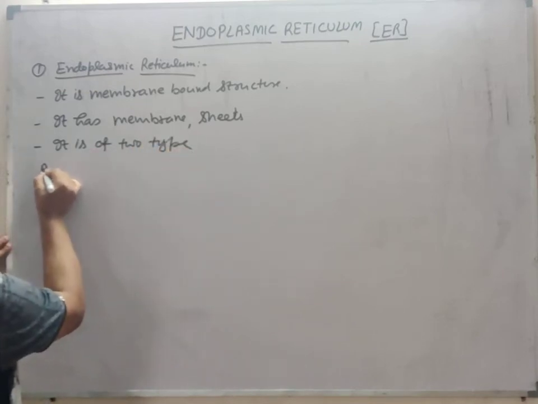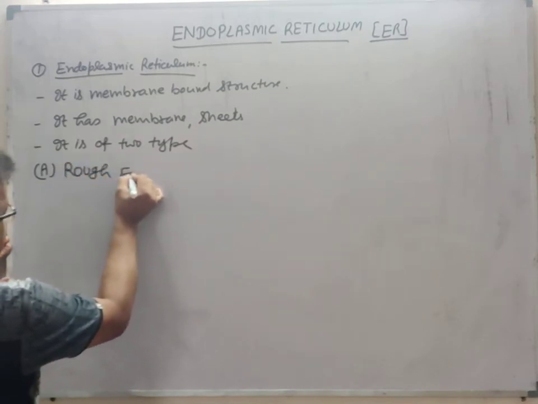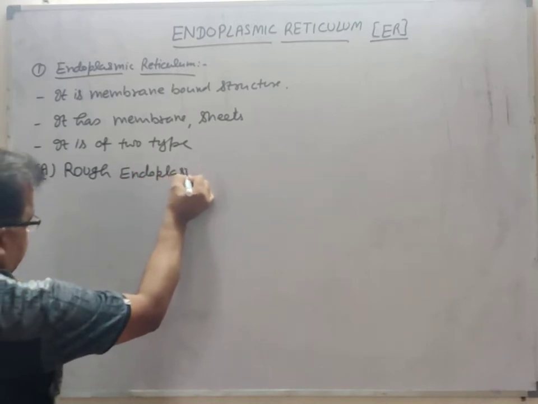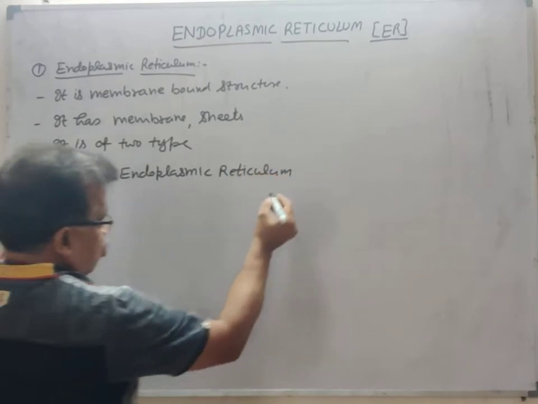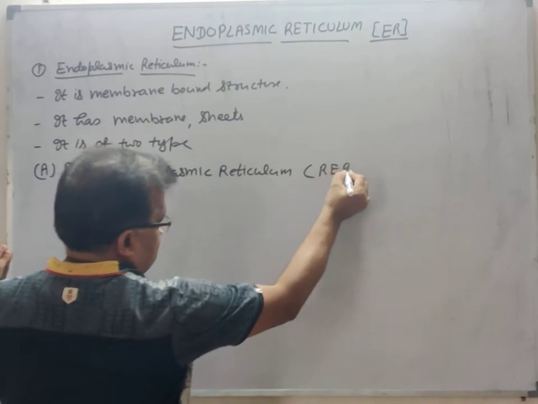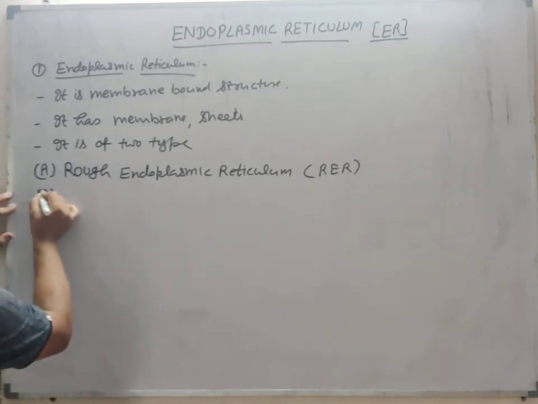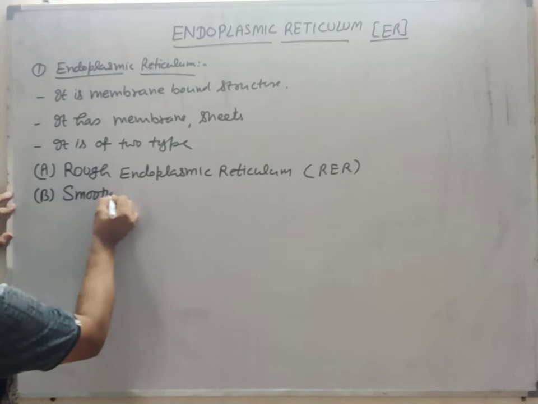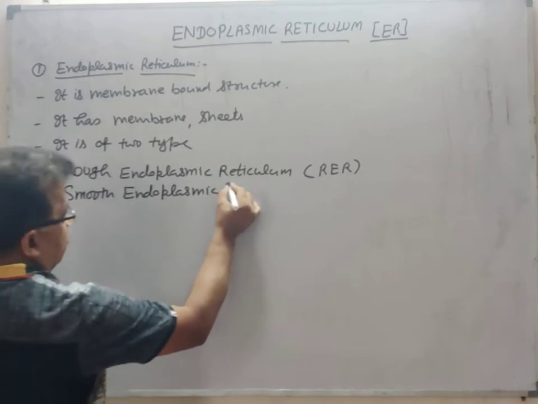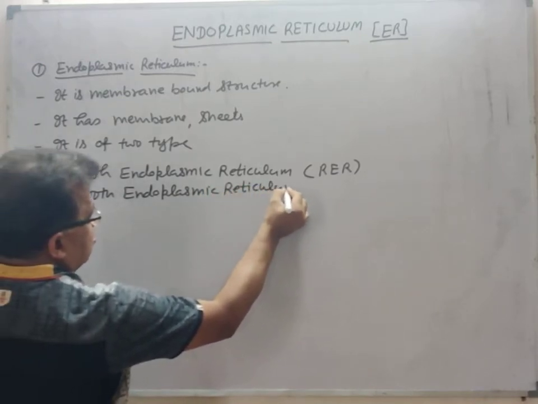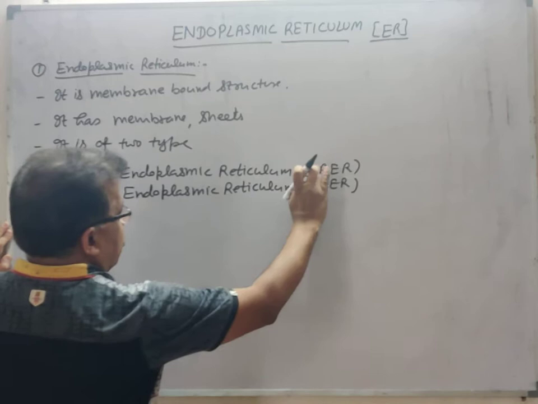Endoplasmic reticulum can be either rough endoplasmic reticulum, which in short is known as RER, and the second is smooth endoplasmic reticulum, which is known as SER.